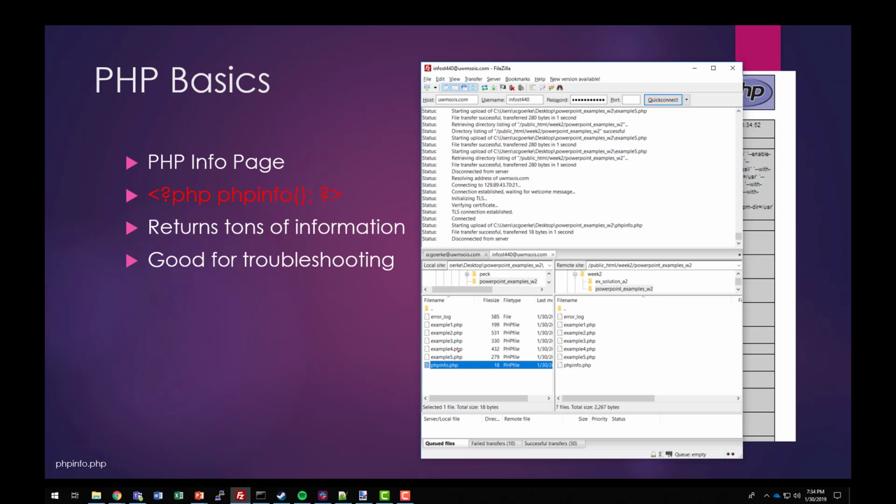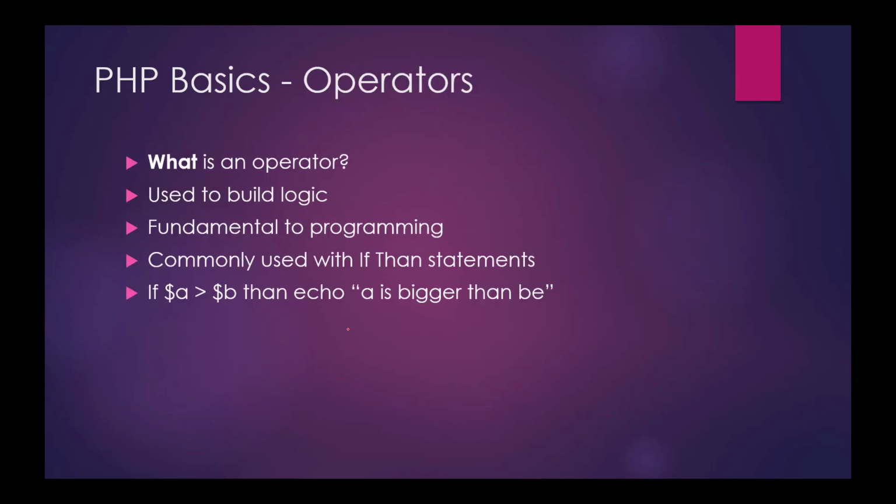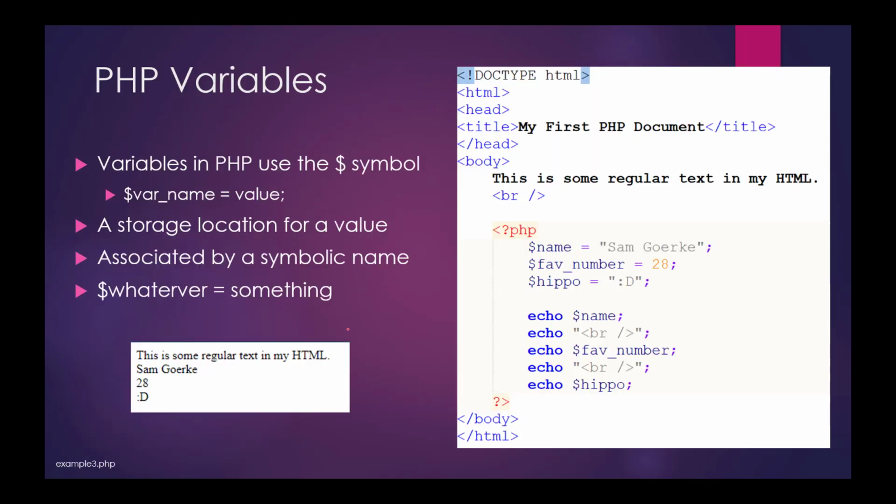It would know what to do with the HTML here, but it would not have known what to do with the PHP code. So it's kind of like, all squares are rectangles, but not all rectangles are squares. If you name something .html, it can only run HTML. If you name something .php, it can run PHP code and HTML code. So for this class, all of our stuff will be named .php.